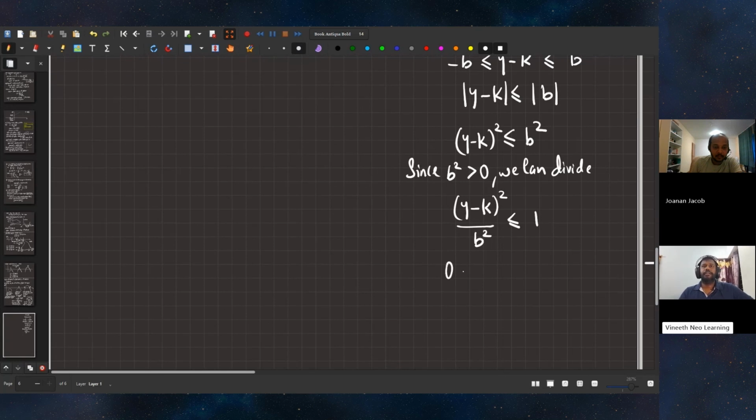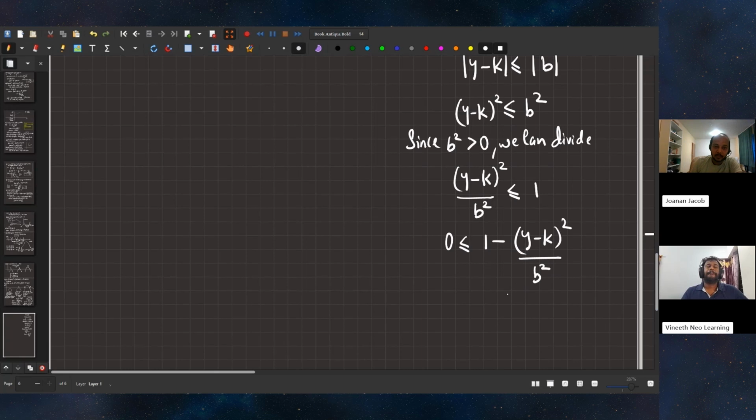So we will get 0 less than or equal to 1 minus (y minus k) whole squared over b squared. Meaning this entire term is greater than or equal to 0, so we can take its square root.